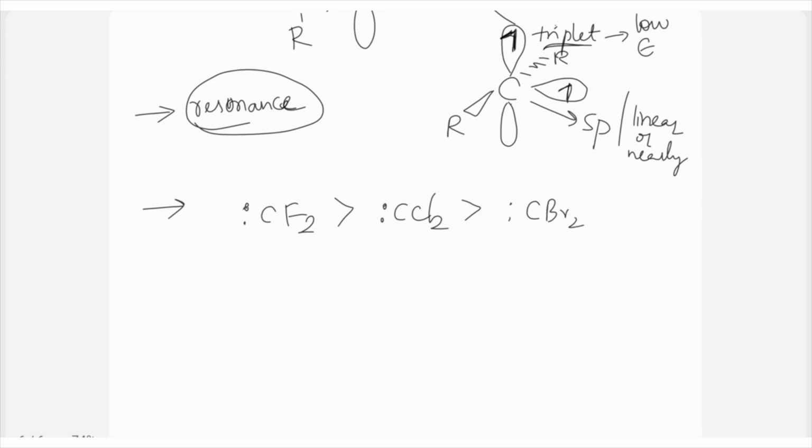We are looking at this order only in the singlets with different halogens. So fluorine has more stability compared to chlorine, compared to bromine. So the most common reason that we can give is the electronegativity. So fluorine being more electronegative, it's more stable compared to chlorine and bromine. So this is the information about carbene.